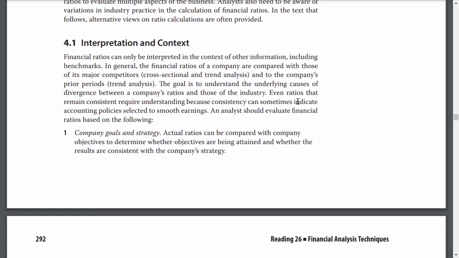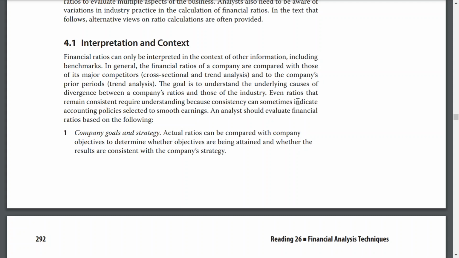Interpretation and context. Financial ratios can only be interpreted in the context of other information, including benchmarks. In general, the financial ratios of a company are compared with those of the major competitors, cross-sectional analysis, and to the company's prior periods, trend analysis. The goal is to understand the underlying causes of divergence between a company's ratios and those of the industry.